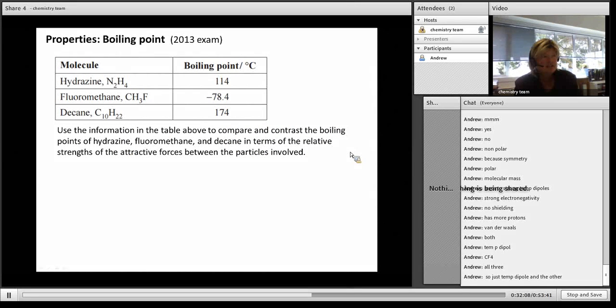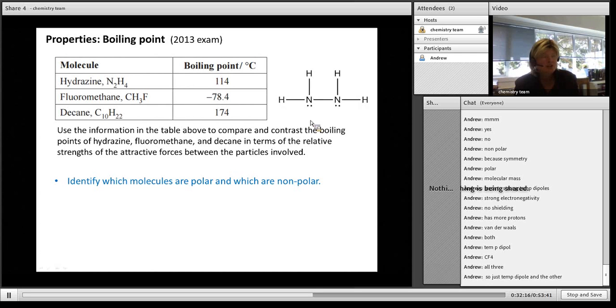Now, hydrazine, remember, if you're not sure what it looks like, draw the Lewis structure, and there it is. So it's actually not symmetrical, because although it looks symmetrical if I cut it down here, it's not symmetrical if I cut it across the bonds there. This side is not the same as this bottom bit over here.